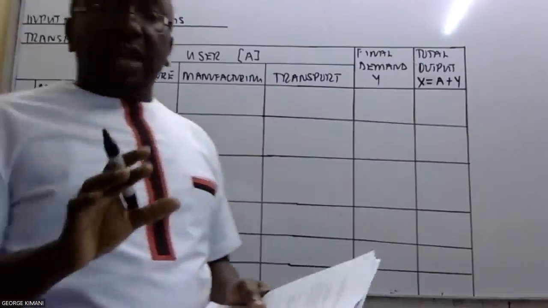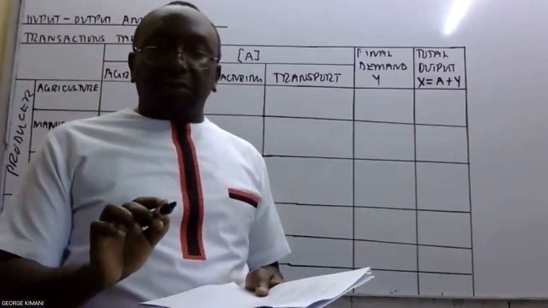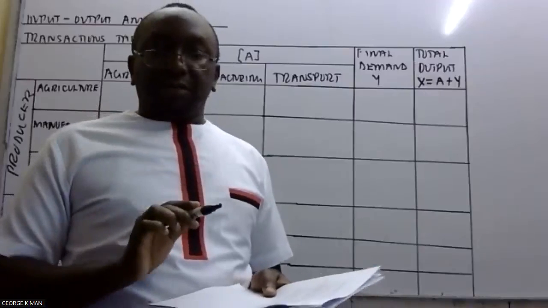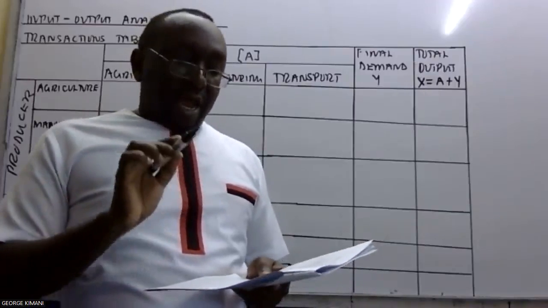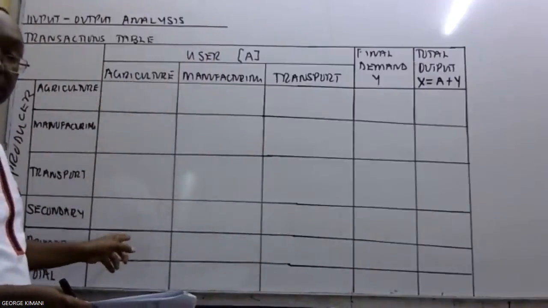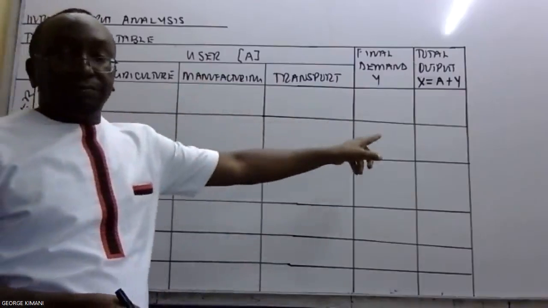Now, the way this question has been set, it requires you to know where we record inputs and where we record outputs. I have said inputs are recorded in the column, and outputs are recorded in the row.